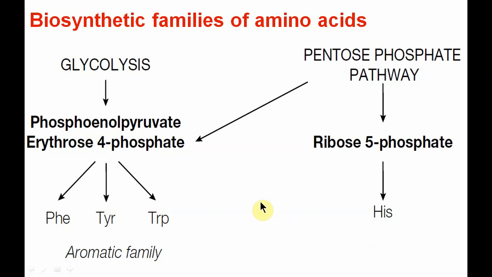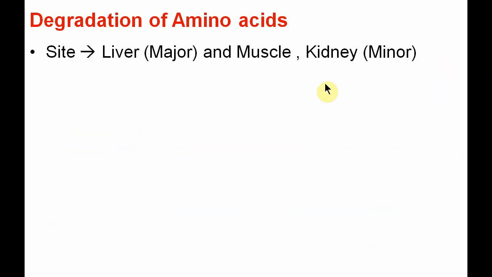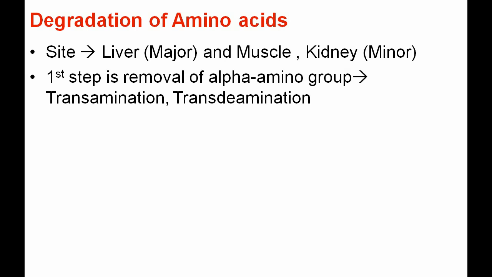So these are all the biosynthetic families of amino acids. Among them, some are essential amino acids and some are non-essential amino acids. Now the degradation of amino acids. The major site of degradation is the liver, but a few specific amino acid degradations occur in the muscle and in the kidney. The first step is the removal of the alpha amino group from the amino acid, in the form of the processes transamination and transdeamination, which we have already discussed.